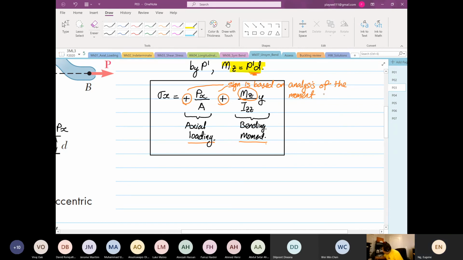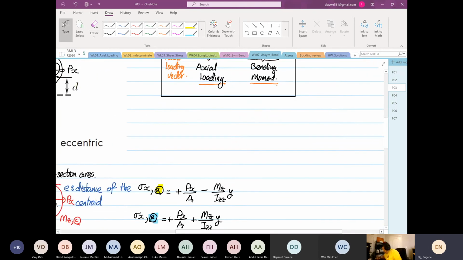Okay. So one is based on the moment vector, and this one is based on the axial loading vector. Okay. So I don't want you to memorize this sign and not know why this is plus or minus. Okay. So you have to be really careful.